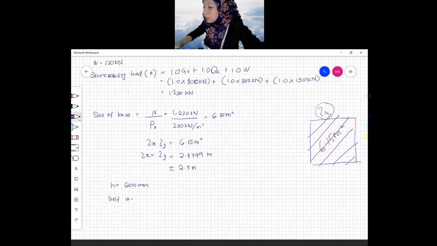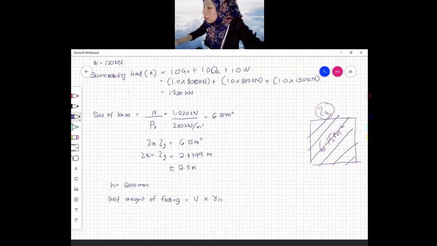Okay, self weight, we check this first, the footing. We calculate the self weight. The formula for self weight is V times the unit weight of concrete.